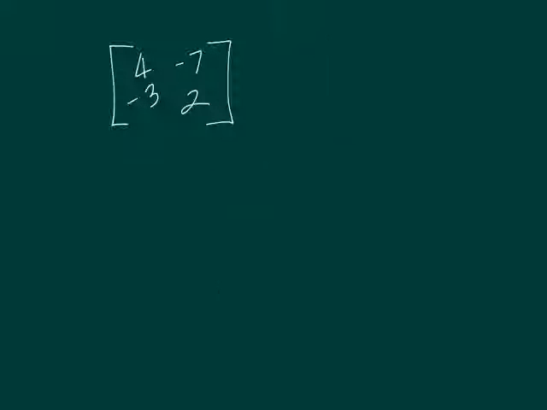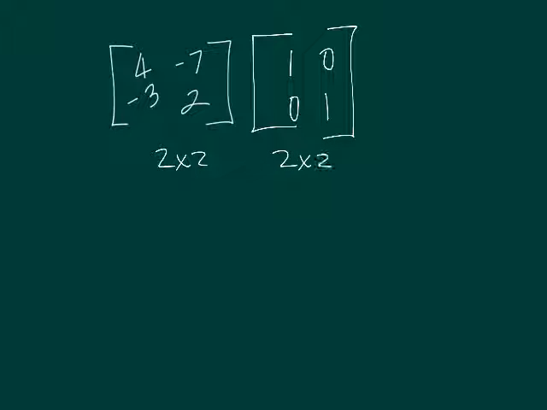So remember from the other day, from 5.4, I think it was, when we multiplied, we just had our identity matrix, and we look at this as a 2 by 2, and this is a 2 by 2, and it's doable, and it's going to give us a 2 by 2 matrix.